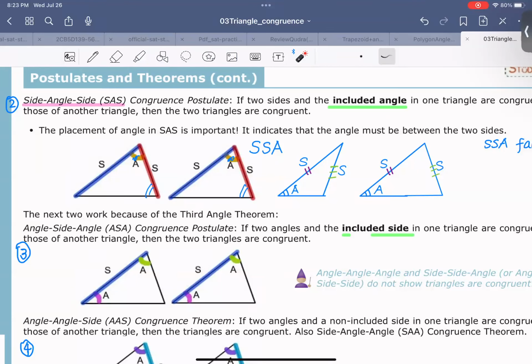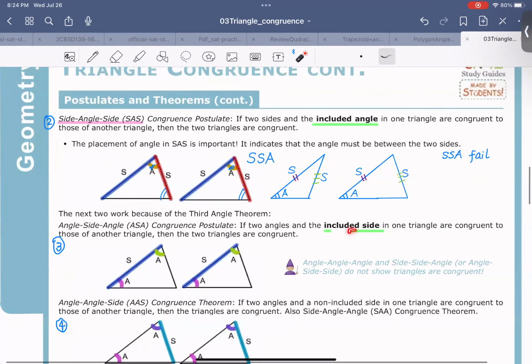Next one. Let me call Angela. Read number 3. Angle-Side-Angle, ASA congruence postulate. If two angles and the included side in one triangle are congruent to those of another triangle, then the two triangles are congruent.